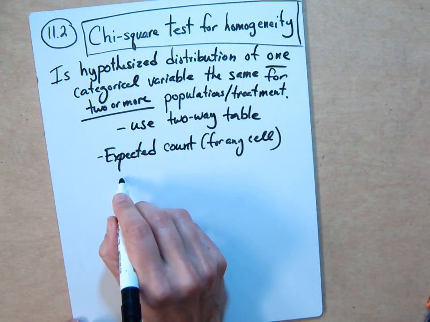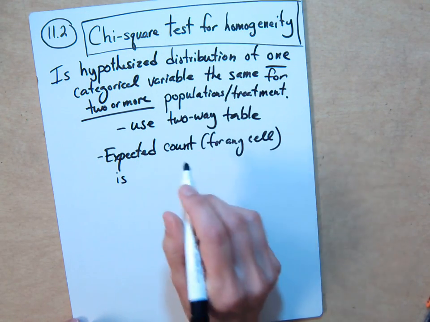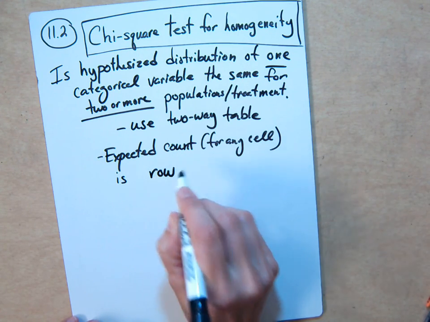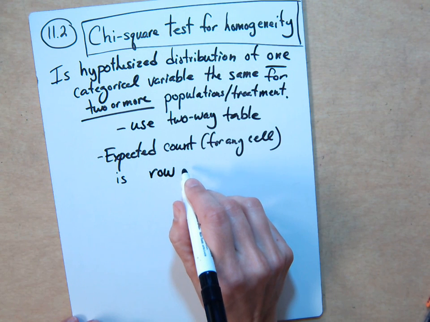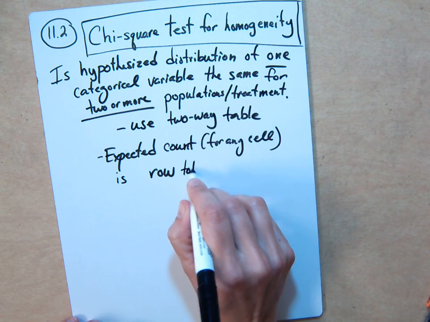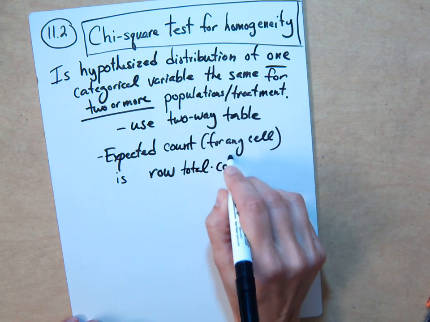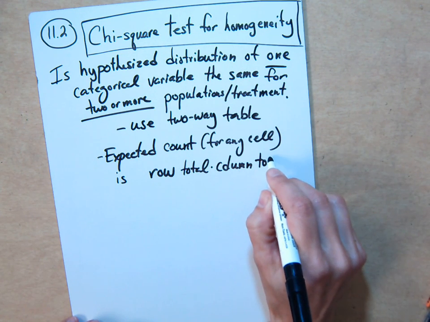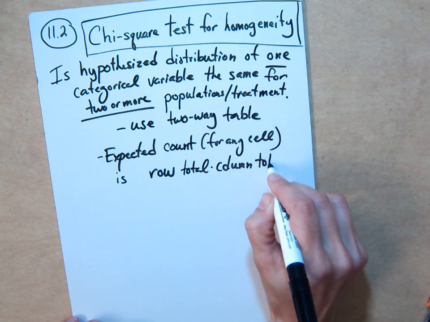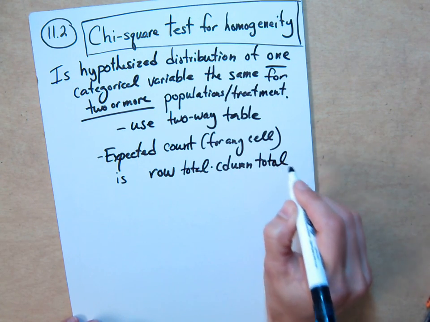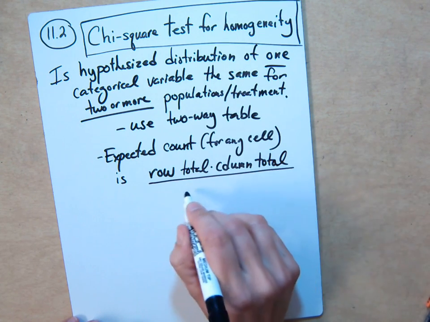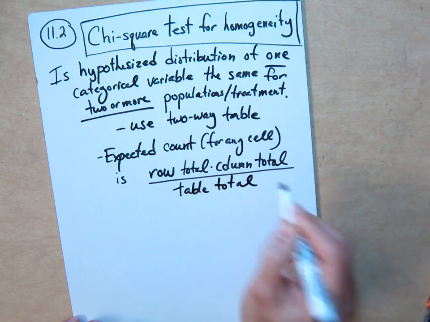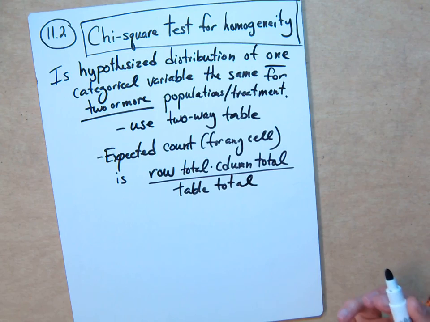And the formula for that is row total times column total, and I'll show you why in the example, but this is basically what you're doing. Row total times column total divided by the table total. And so you have to do that for every cell. It's a little more time consuming.